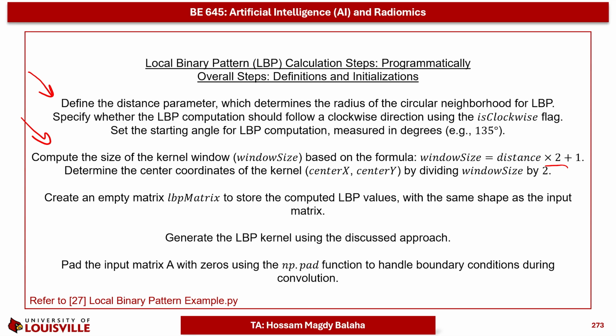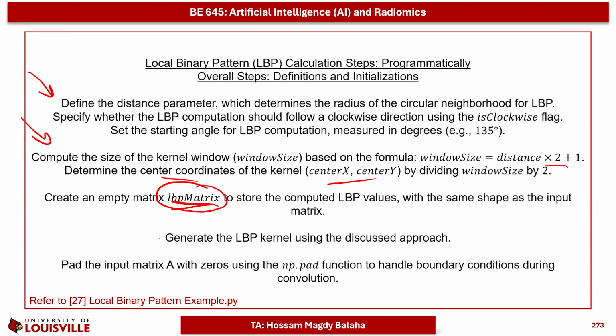Then get the center x and center y of the kernel by dividing it by 2 and flooring the values. You will get the coordinates of the center x and center y. Then create an empty matrix called LBP matrix to store the computed LBP values, and this matrix has a shape similar to the input matrix.